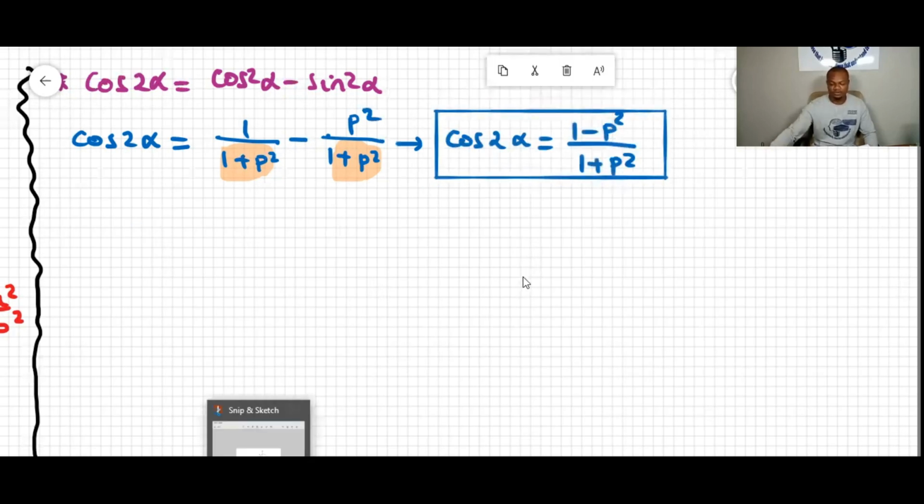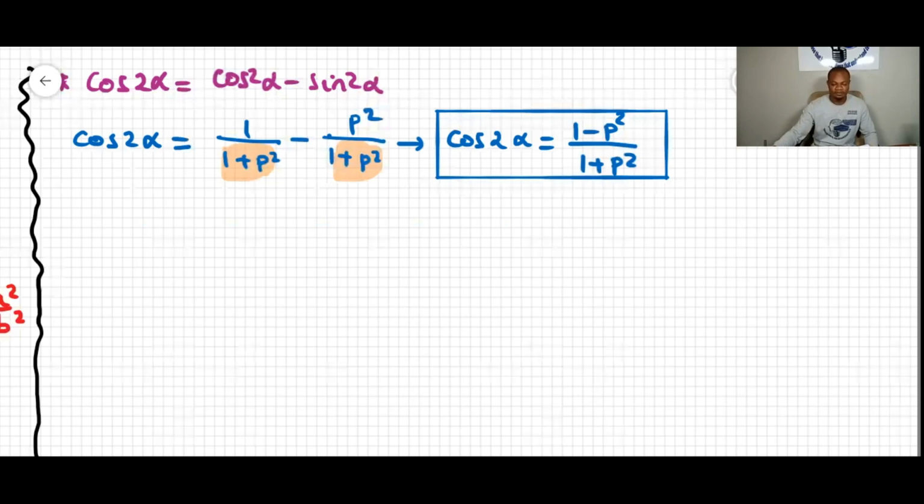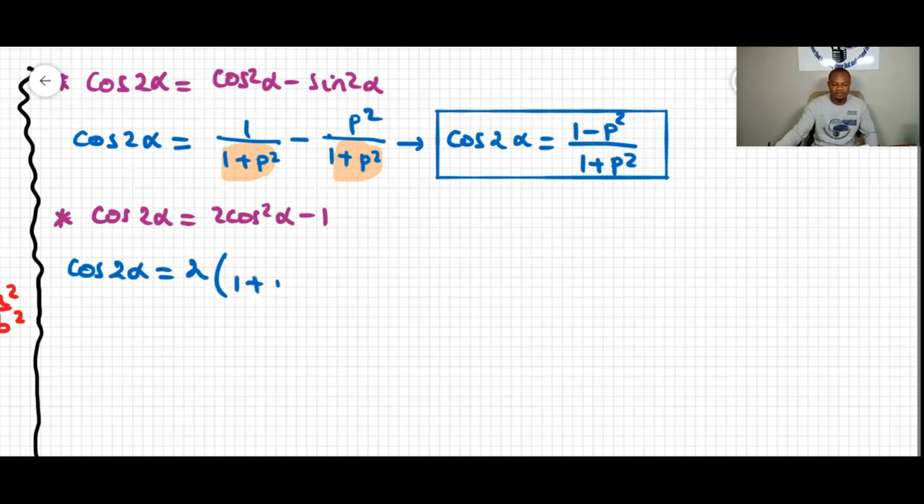Or we can also decide to use the other formula, cos of 2 alpha equals 2 cos squared alpha minus 1. We can also use that one. We do know the value of cos squared alpha, so 2 cos squared alpha is 2 over 1 plus p squared, minus 1.